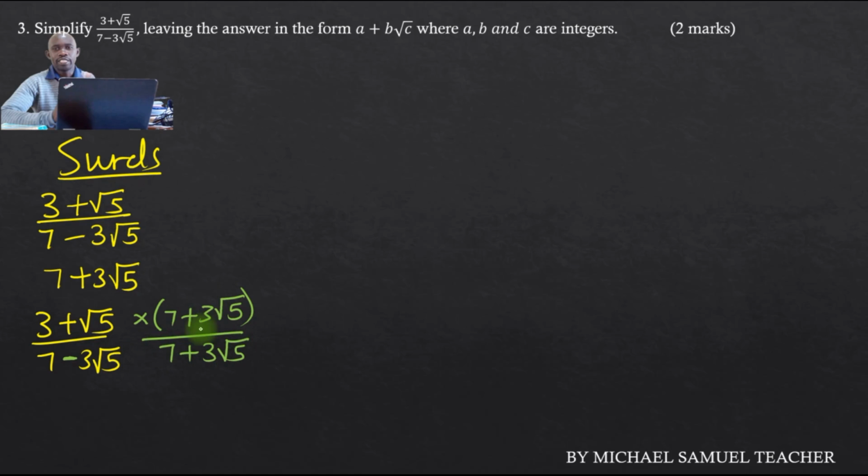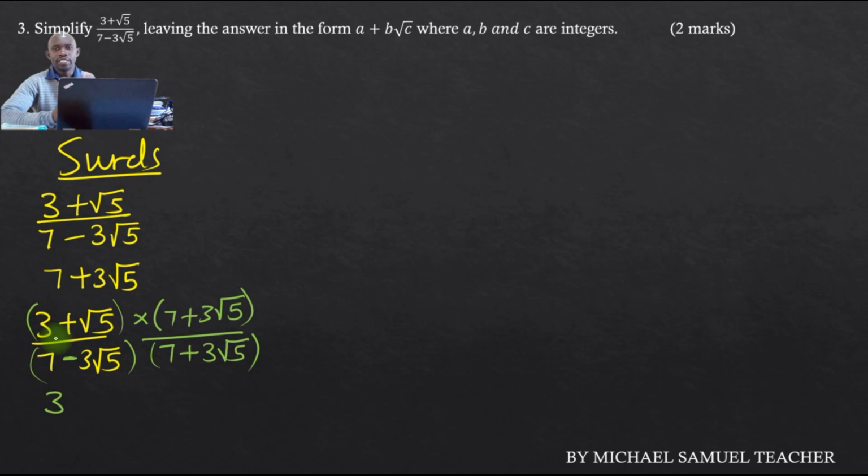It's as if we are multiplying by 1, so there is nothing we are changing. We are truly changing nothing. So from here, take into pairs that way, and we expand.